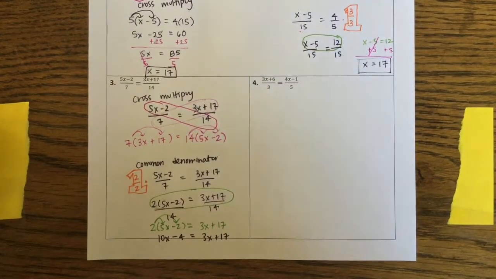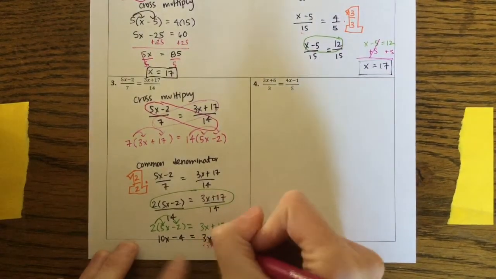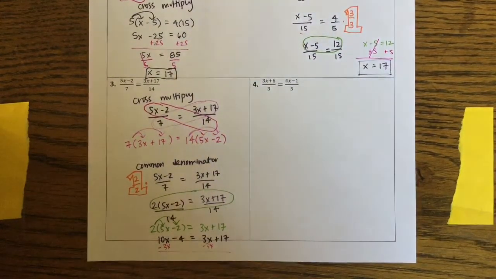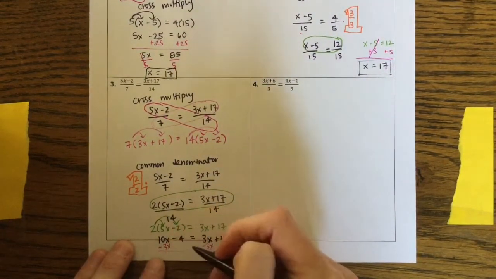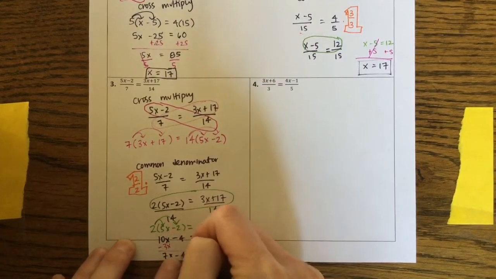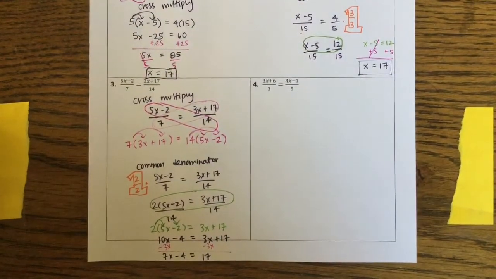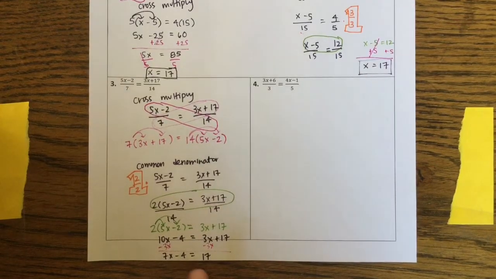So I'll do minus 3x on both sides. And then we'd have 7x minus 4 equals 17. So add 4 on both sides, and then you would end up dividing by 7.